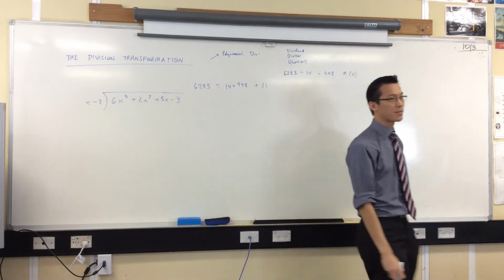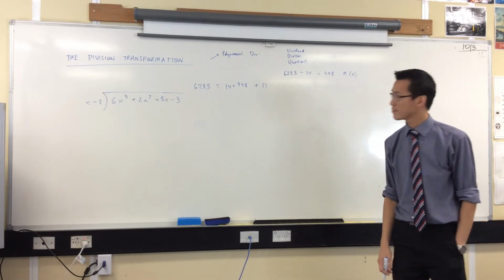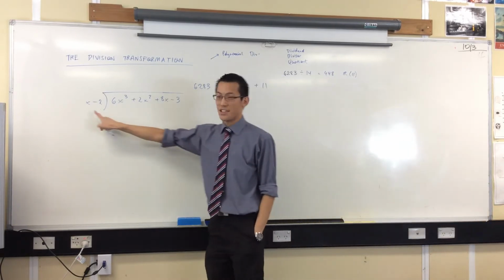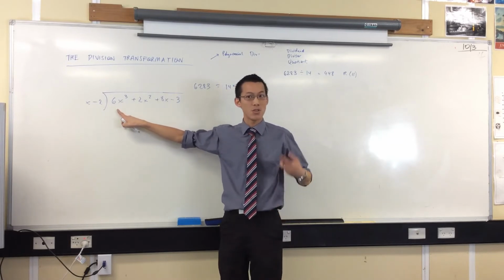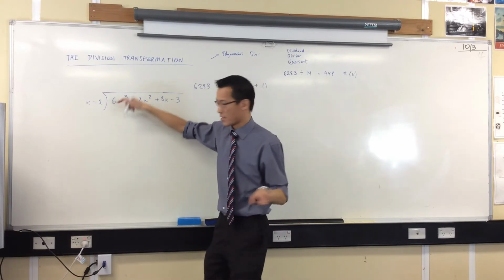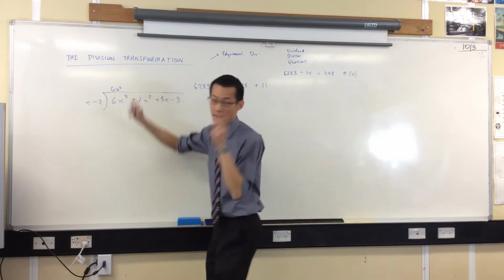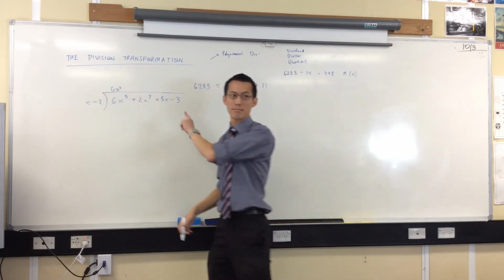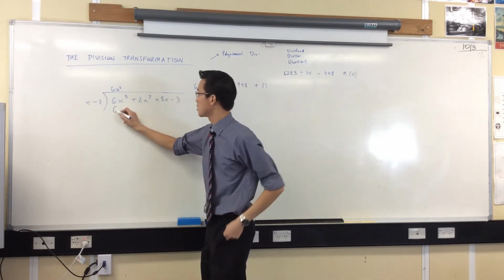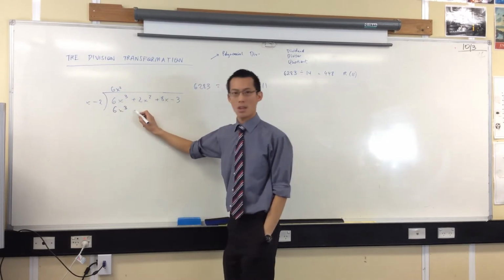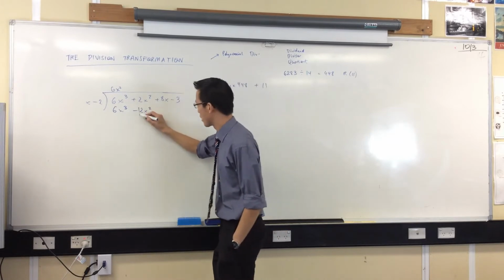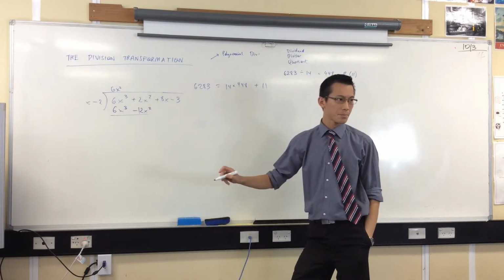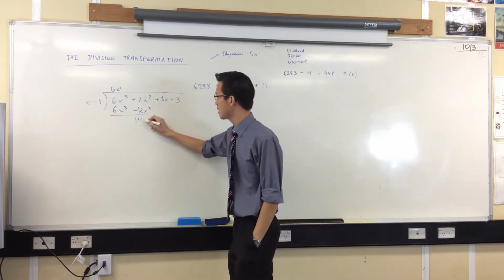All right, what do I do? You say, how many times does x go into 6x cubed? And the answer is 6x squared times whatever x may be. Now what? Multiply back, which gives me 6x cubed minus 12x squared. What do I do with that? I subtract, which gives me 14.